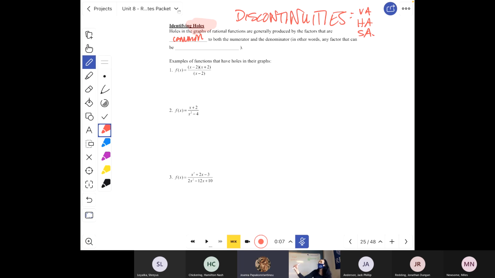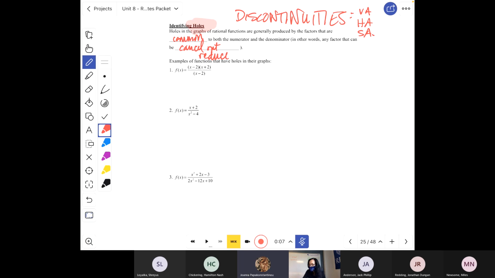If that same x value causes both the denominator and the numerator to be 0, we can reduce it. We can cancel them out and give a simplified form, but that is where your hole is. Your holes are the x values that cause the denominator and the numerator to be 0.